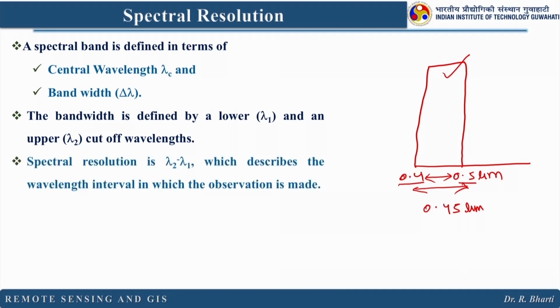Spectral resolution is lambda 2 minus lambda 1, which describes the wavelength interval in which the observation is made. So, this is for one image. We have used one sensor which is capable of resolving the energy only between 0.4 to 0.5, and that is generating an image, and that image we will further use for our application.